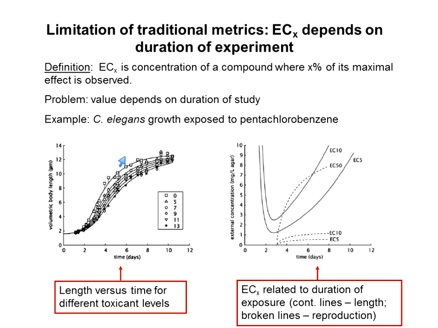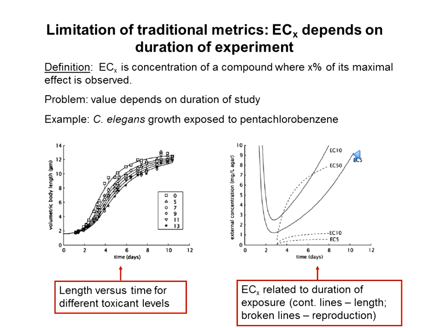growth panel as illustrative. If you estimated the EC10 or the EC5 for length and for reproduction, the continuous lines tell you what you would estimate for the EC10 if you work from length. The other continuous line, what you would get for the EC5. The three broken lines say what you would get from the reproduction panel in the previous slide.